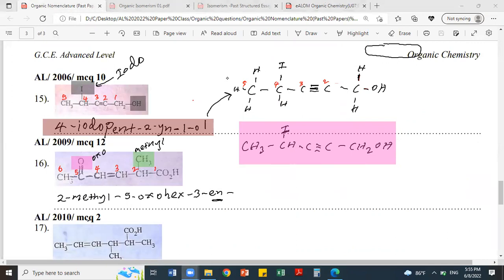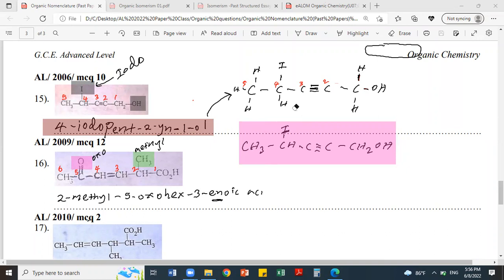No need to write 1-oic, because in any organic compound, COOH is at the beginning. It's always number 1. When there is COOH, we have to start with that. But an OH group can be attached to any other carbon. That's why for OH we have to write the number, but it's not necessary to write 1-oic. It's anyway 1. Therefore, we write just enoic acid. En plus oic, we call it enoic acid.